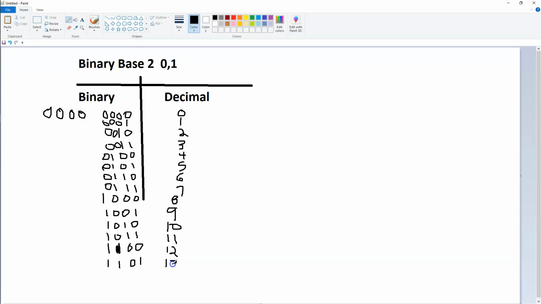That's 13. 1, 1, 1, 0, which is 14. And then 1, 1, 1, 1, which is 15 decimal.